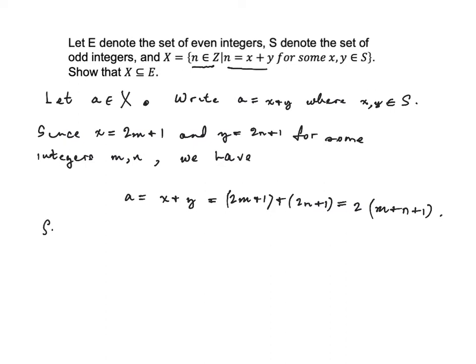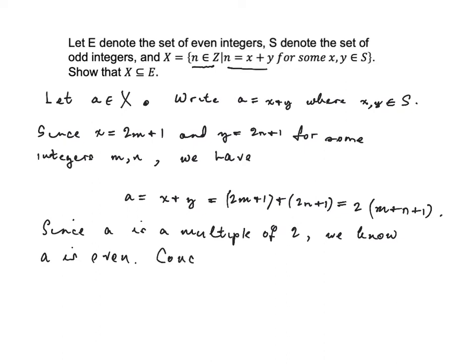So since A is a multiple of 2, we know that A is even. And so we can conclude that A is a member of E.